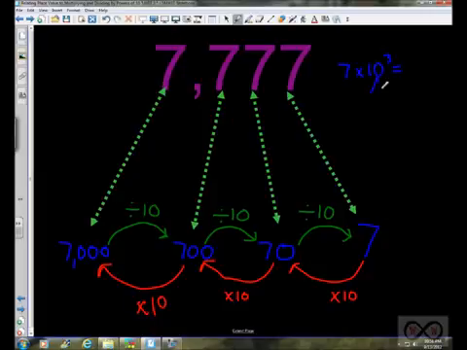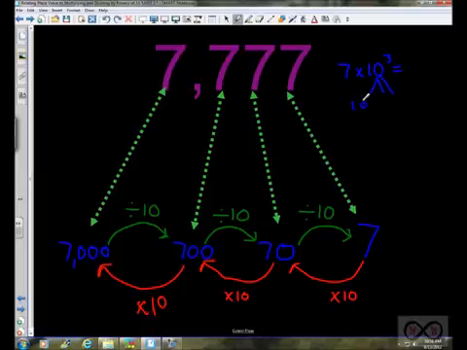As a little review, the exponent, the 3 up here, really tells us that we're going to multiply this 10 by itself 3 times. Let me rewrite those so they're clearer.